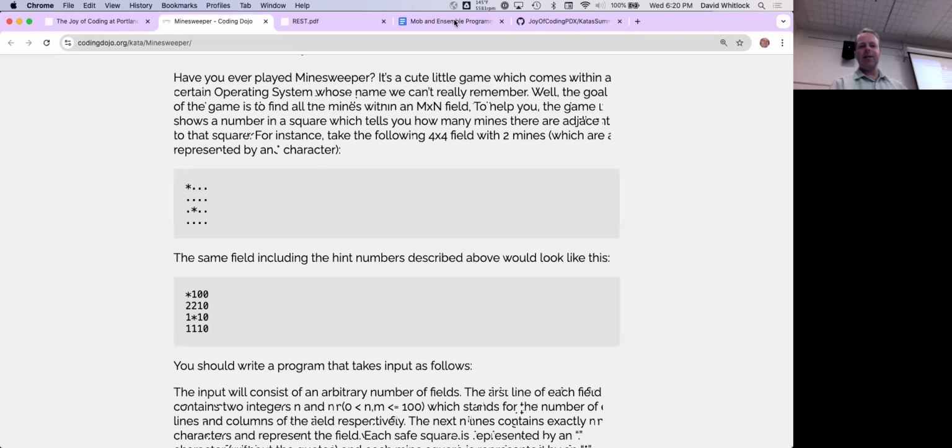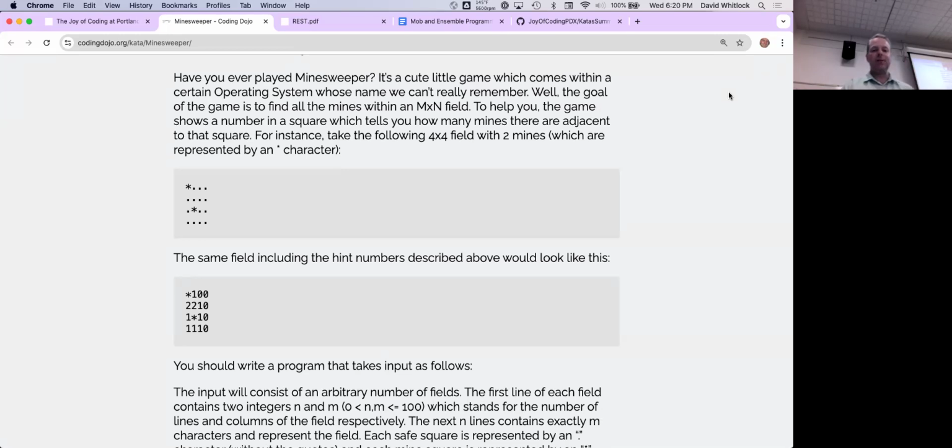Then your job is to try to reason which cells in the grid do and do not have landmines. For this kata, what you are doing is implementing the logic to determine, for every cell, how many cells adjacent to it have a landmine.